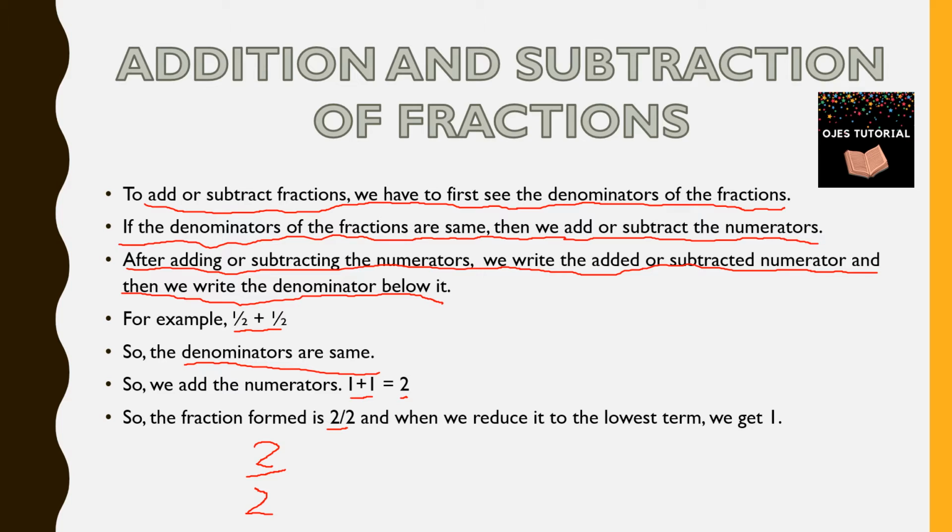When we reduce it to the lowest term, we get 1. And how do we get 1? Because here 2 ones are and 2 ones are. So what remains is 1 upon 1, and 1 upon 1 is equal to 1. So the fraction formed is 1.